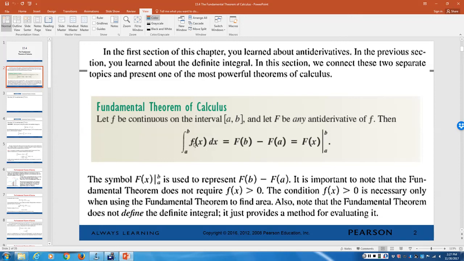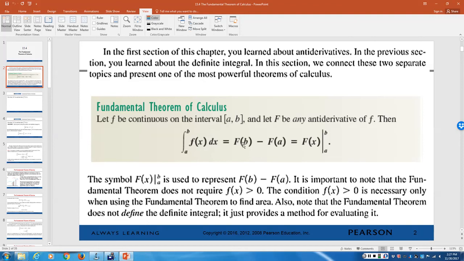This says if you have a derivative, if you integrate that derivative from point A to point B, then what you do is you use your antiderivative formulas, your integration formulas, to find out what big F of x is.